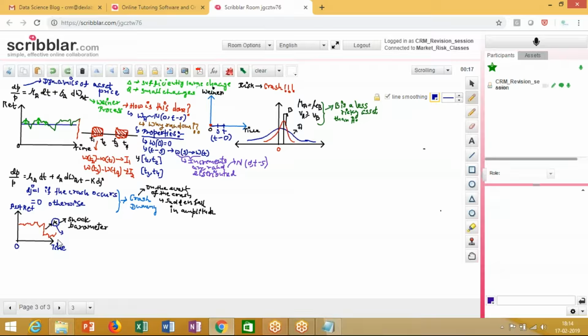So what exactly is the question of risk management which comes up? At time t, assuming that the crash has not occurred, what is the probability of k occurring in the next dt period?